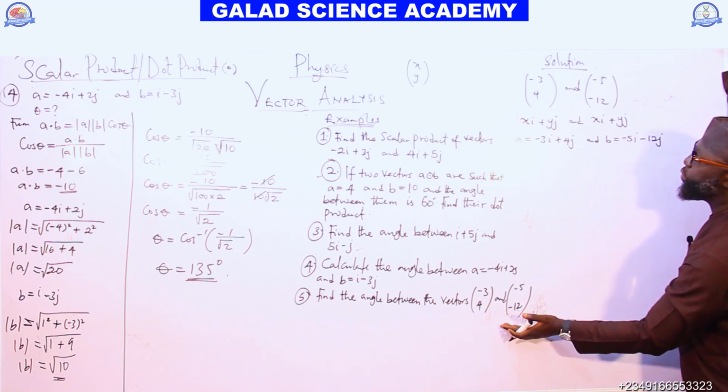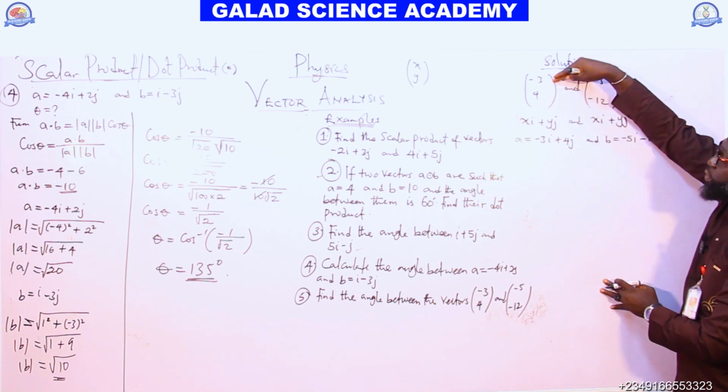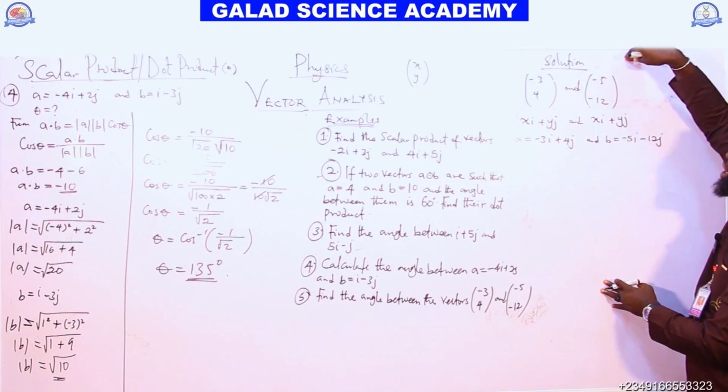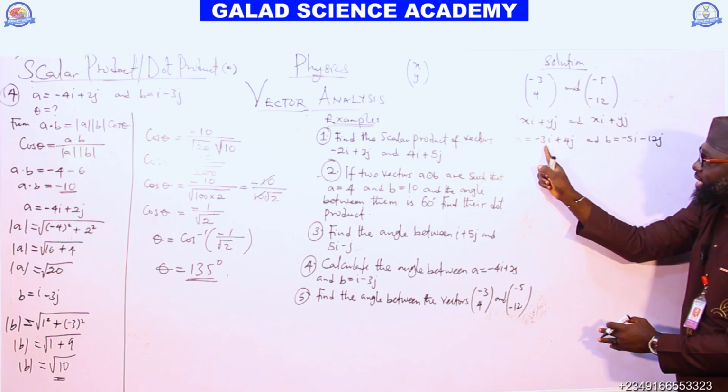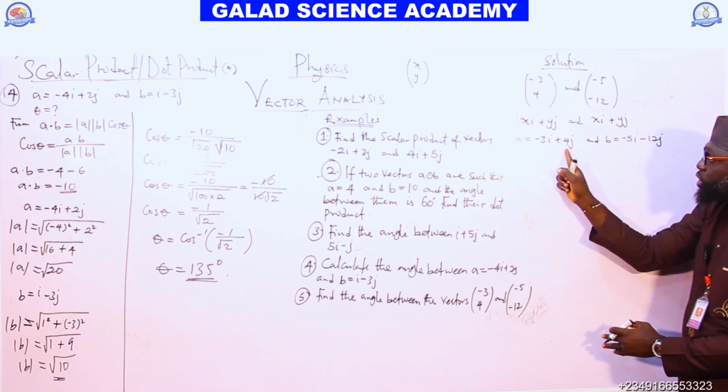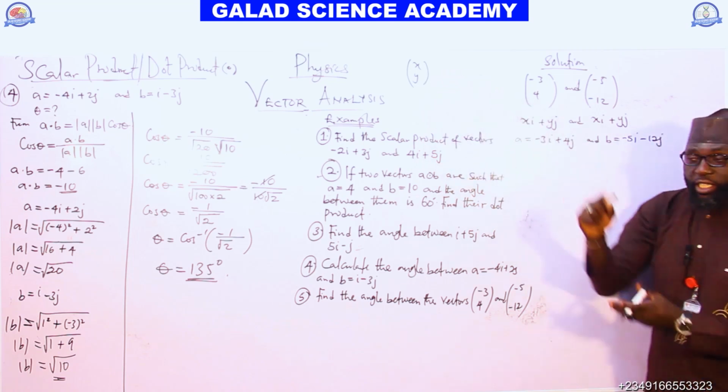So we are asked to find the angle between the two vectors. If you are given this kind of vector in column form like this, convert it to this form. This 3 is for x, 4 is y, like coordinates.